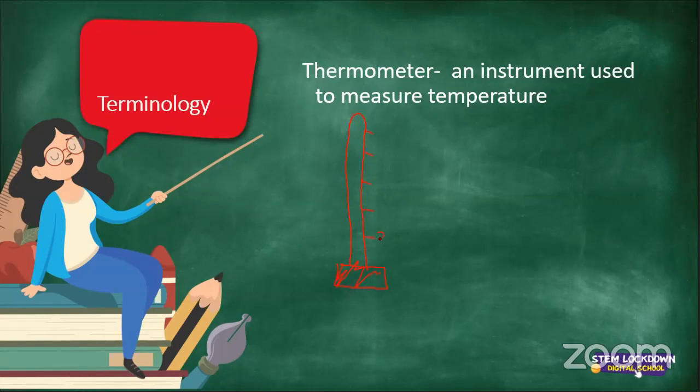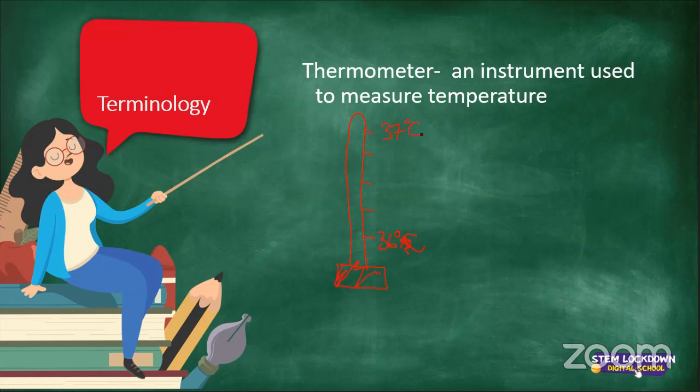Maybe this is 36 degrees, maybe Celsius. Maybe this is 37 degrees Celsius. Just making an example.